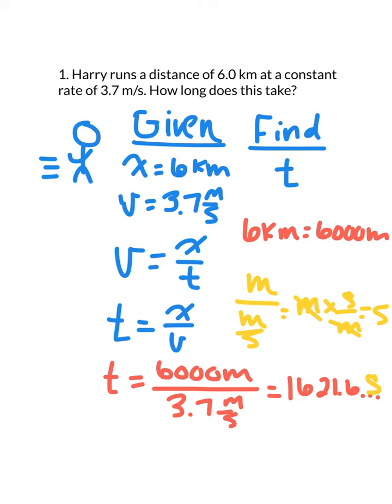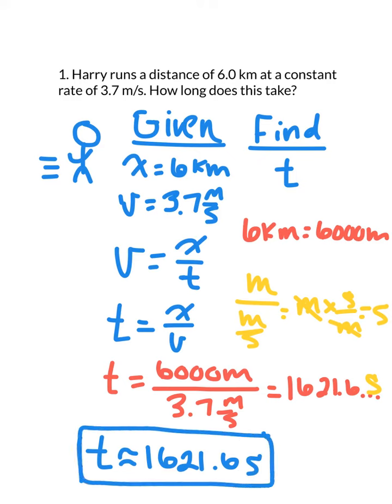So my number makes sense, my units make sense. And then my final answer, you don't want to put that whole run-on decimal, and I'm not really overly concerned with sig figs. So just round to about 1 or 2 decimals depending on the problem. Use your judgment. So I'll say my time is about equal to 1621.6 seconds.